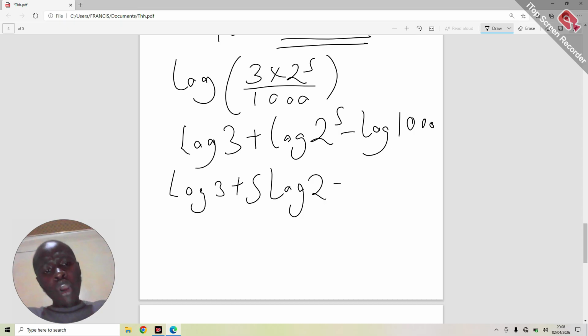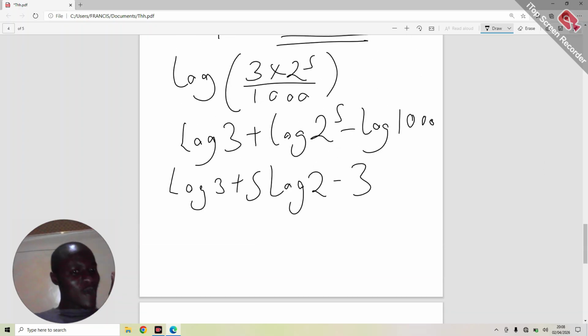And remember, all logs without bases are assumed to be log base 10. So if someone hasn't indicated what base the log is, you just have it in mind that it is log of base 10. So instead of rewriting log 1000, it's much better if I write 3.